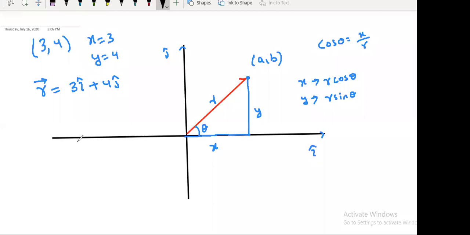Now someone needs to know why it will not always be negative.